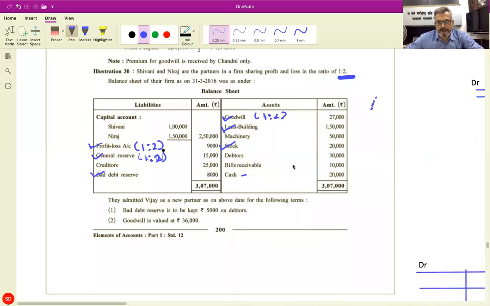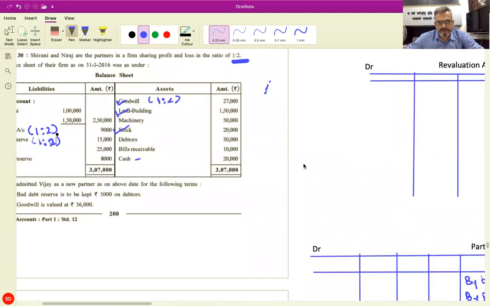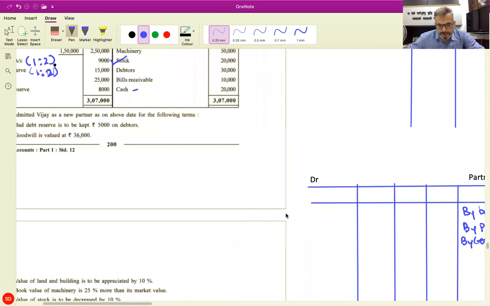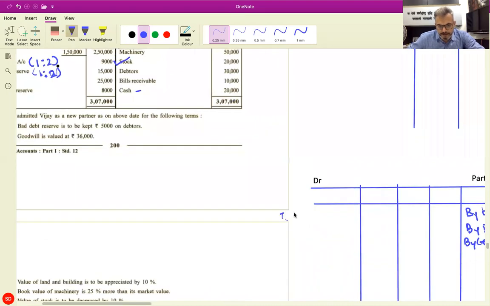Now goodwill. We have old goodwill 27,000. So partners capital account debit side to goodwill.